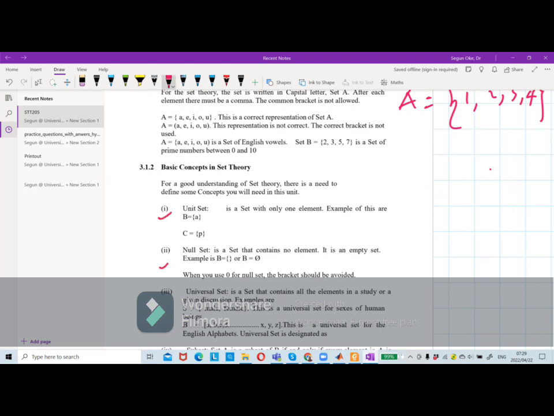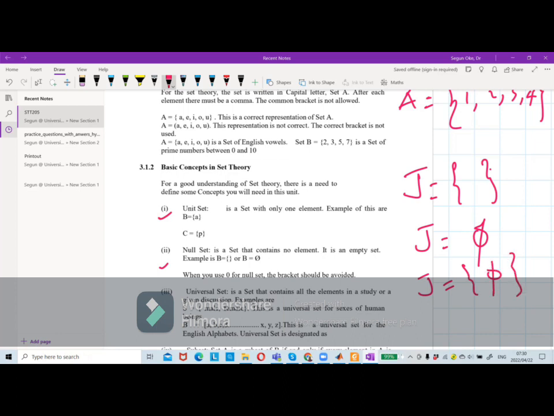Number two is the null set. A null set is a set that contains no element. When you have, let's say, set J, it can be empty, or we also represent it at times with this figure. We use this sign to represent the set, but don't just write and put it this way.